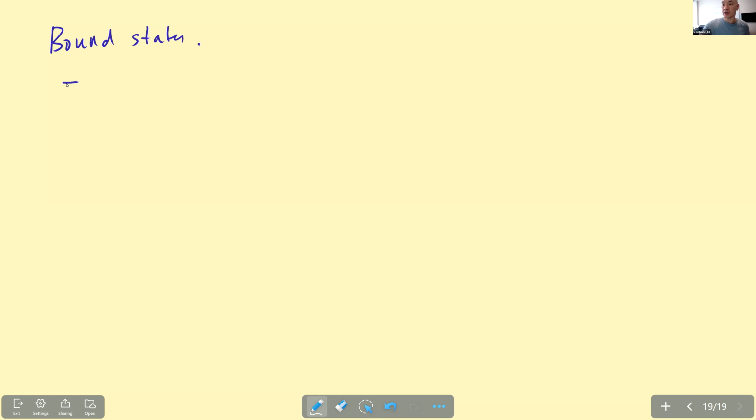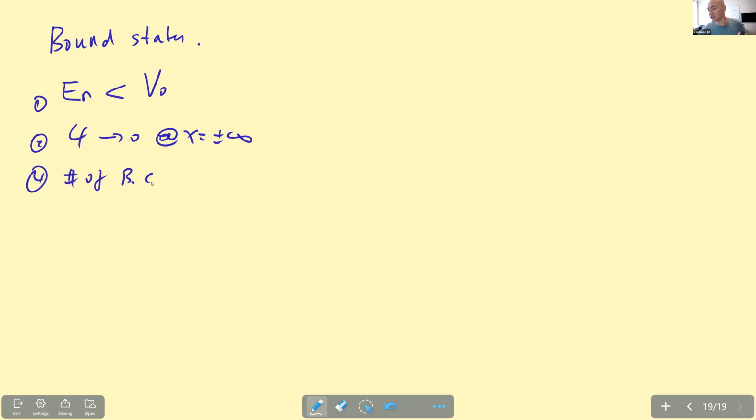The energy E_n should be less than the barrier. This is one thing. Secondly, psi should go to 0 at x equal to plus or minus infinity. That means the number of boundary condition equations equals the number of coefficients.